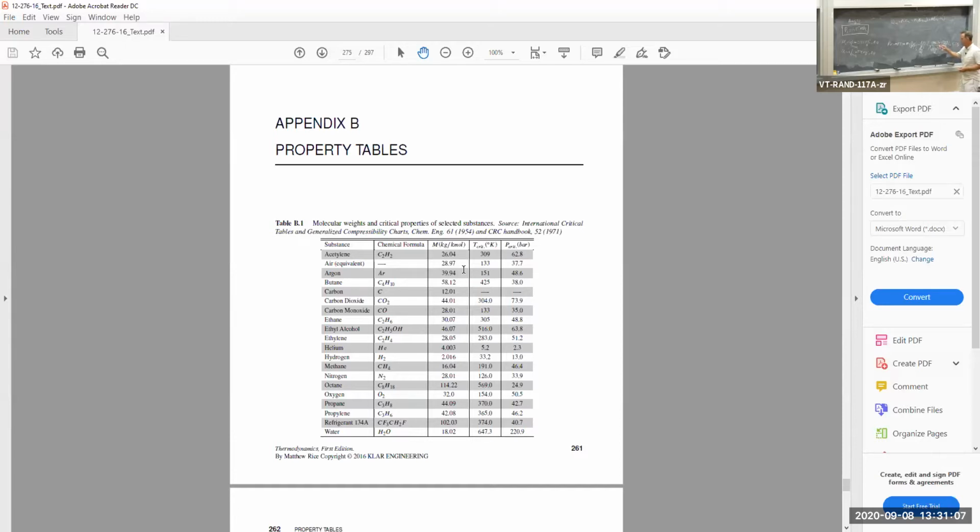A Pascal is a joule per meter cubed, or a Newton per meter squared. So the pascals, kilojoules, and cubic meters all cancel out. So 5.23 kilograms. Now I have the mass.